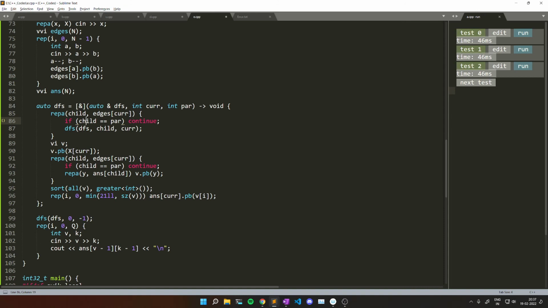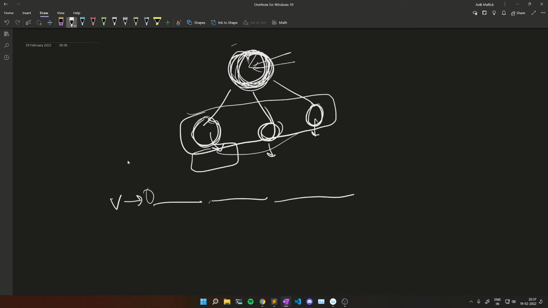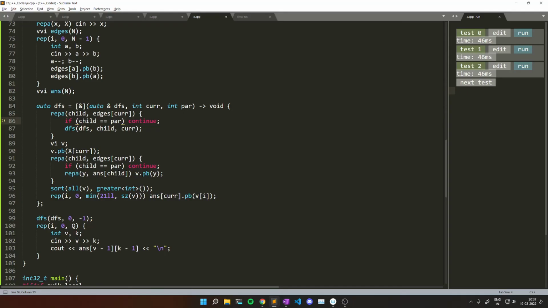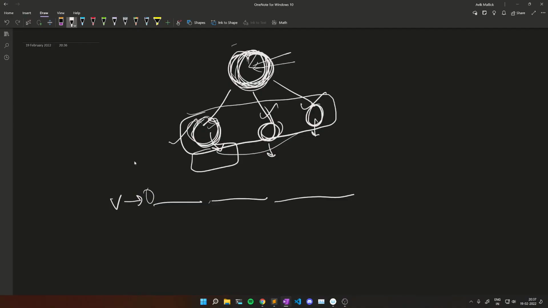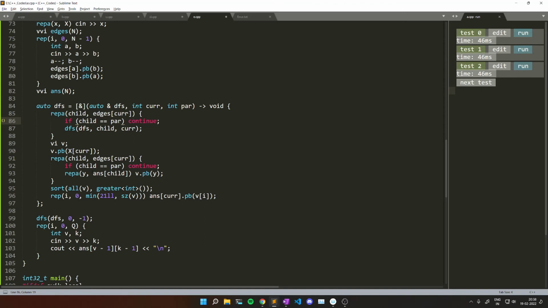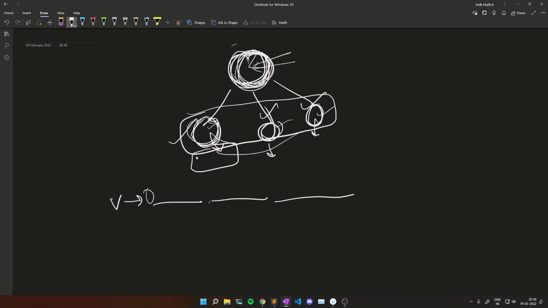Then for every child of this current vertex, I go to them, because I have already calculated the answer for them recursively. So now in my vector v I am storing the answers from my children.